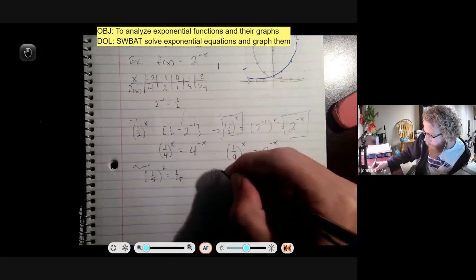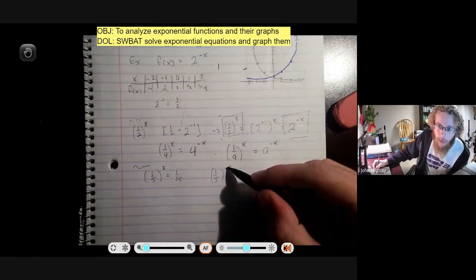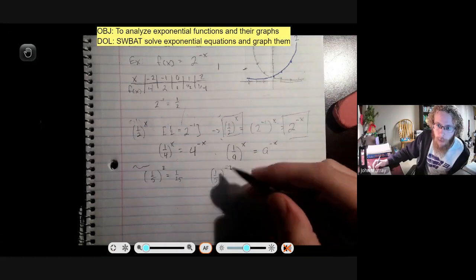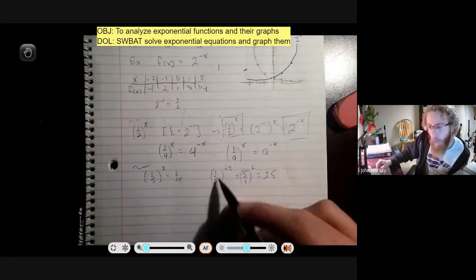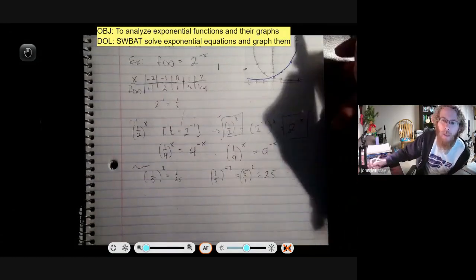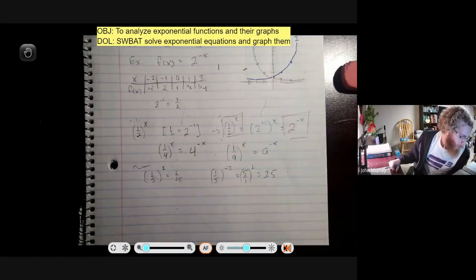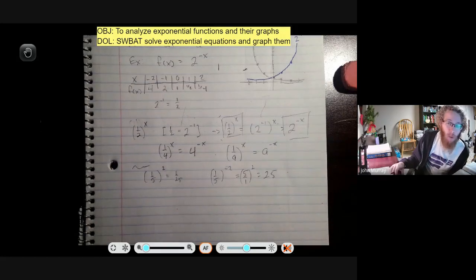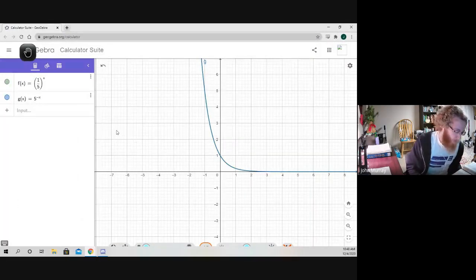If I did 1/5 to the negative second, well, anytime I have a negative exponent, that means we take the reciprocal. So 1/5 to the negative second gets us 25, and that would be on our left side here. So if we change our base, that changes the steepness of our graph, and then if we make it negative, that reflects it.